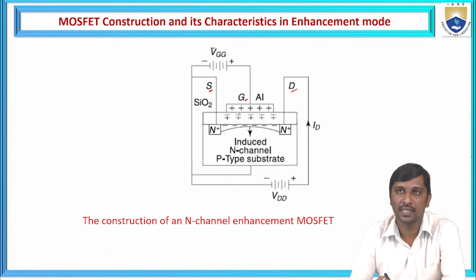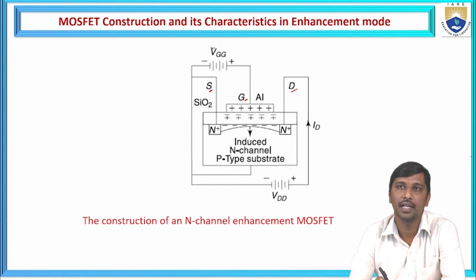When you apply some amount of biasing energy between the gate and the source, due to this positive applied energy between the gate and the source, a negative potential is established between the source and the drain, and that negative potential is called the induced channel.